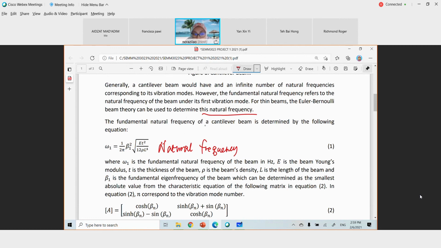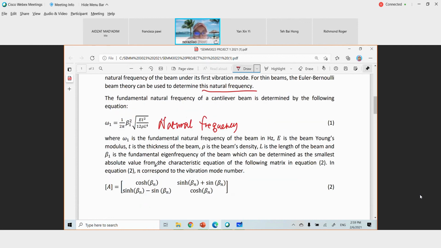L is the length of the beam, and beta 1 is the fundamental eigenfrequency of the beam, which can be determined as the smallest absolute value from the characteristic equation of the matrix in equation 2, corresponding to the vibration mode number, which is any kind of number.